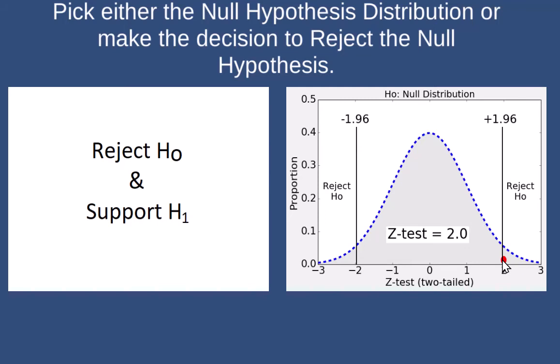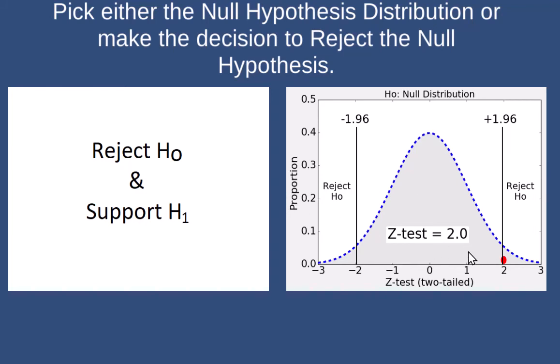And if they don't match, we're going to get rid of our prediction, we're going to get rid of that null hypothesis distribution. So a big positive z-test or a big negative z-test is telling us that there wasn't a good match between the prediction made by the null hypothesis distribution and reality, or our sample mean. So anytime this z-test is either positive 1.96 or more, or negative 1.96 or less, we reject the null.